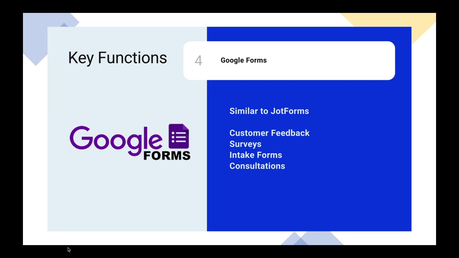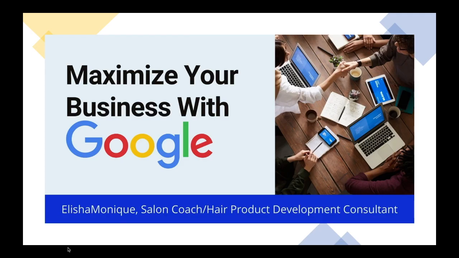So you get to add your salon logo on there. You get to put your color scheme on there. So it actually really looks personalized. So this is Google Forms. You can use Google Forms for customer feedback, surveys, intake forms, and consultations. And this is exactly how you're going to maximize and organize your business using Google.